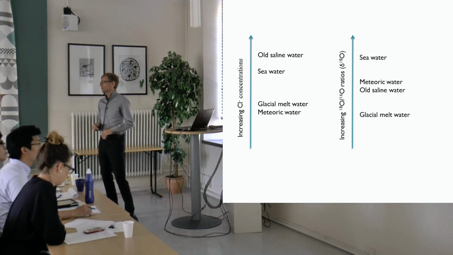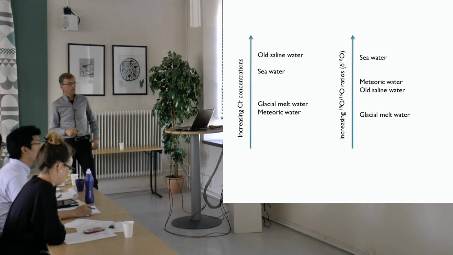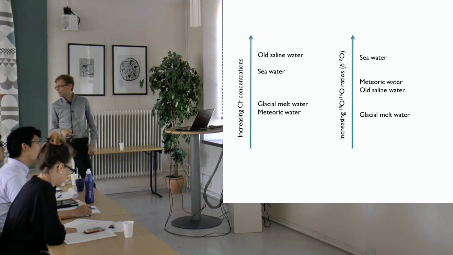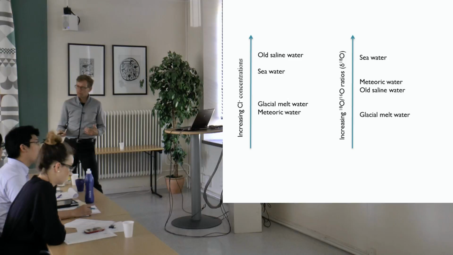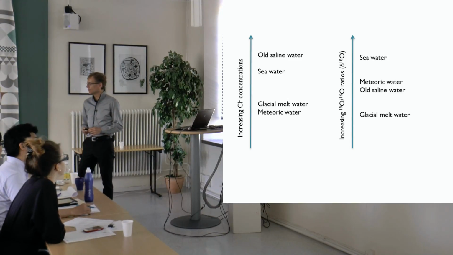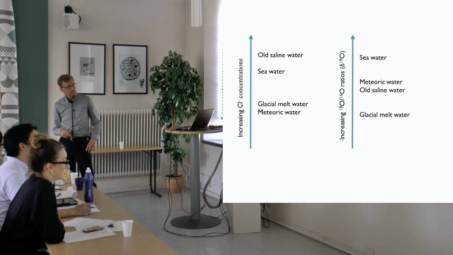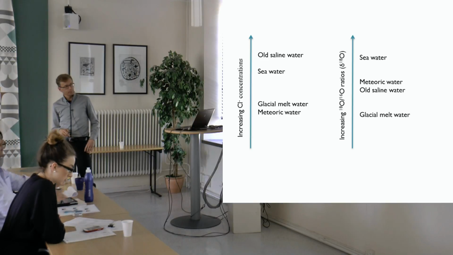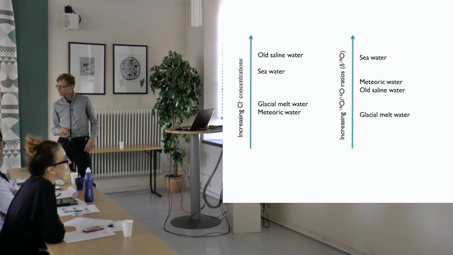So then we also take in the oxygen 18, increasing ratios, higher values. The lowest values, which means the highest relative proportion of the light isotope, has the glacial water. It can have down to -20, -30, so very low values, which means it's enriched in the light oxygen. And here we have intermediate values, and the seawater has the highest.